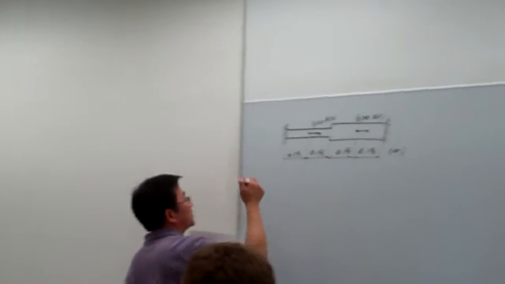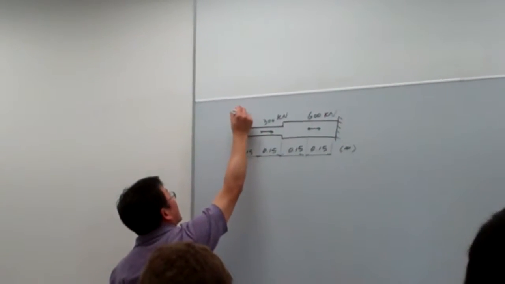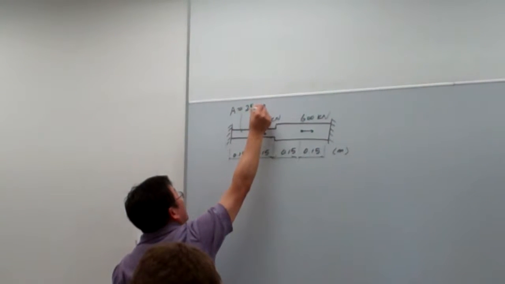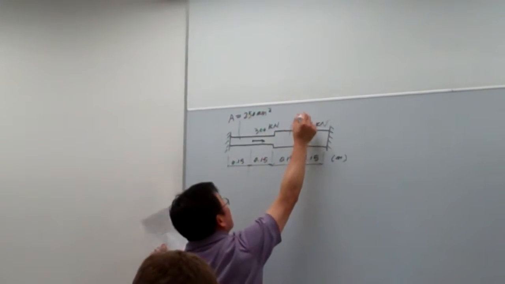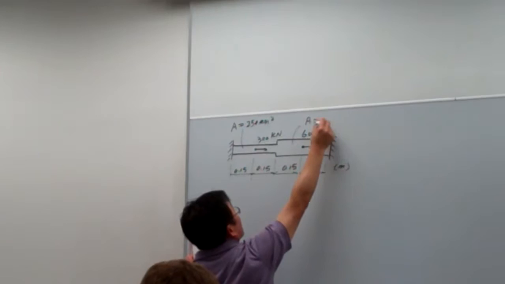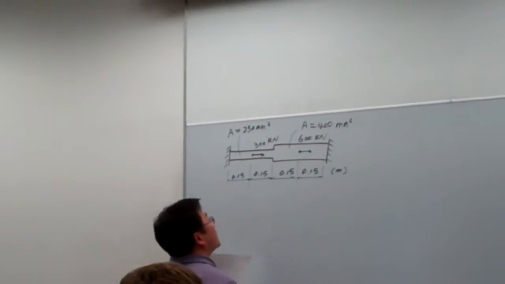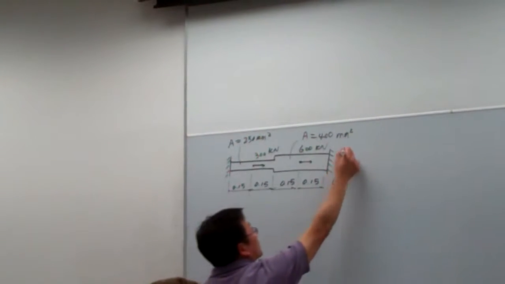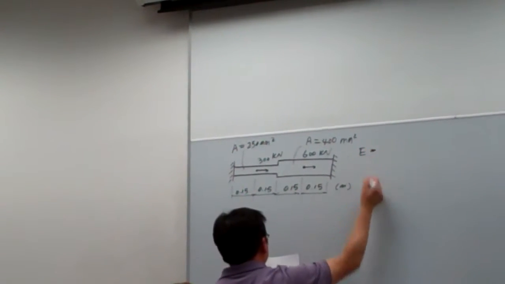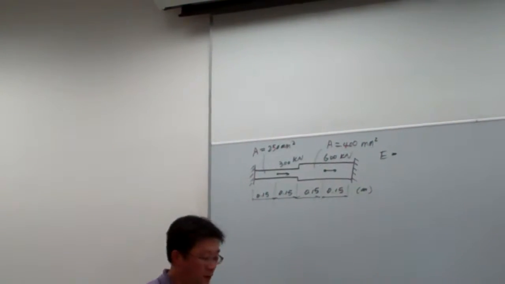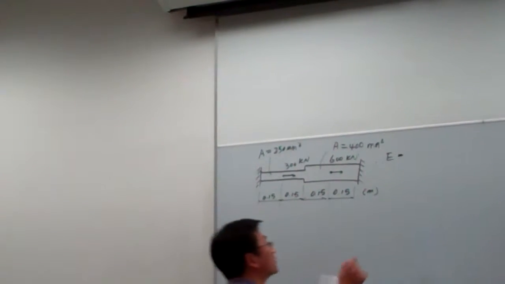We have the cross-sectional area for the first one, A equal to 250 millimeter square. For this one, A equal to 400 millimeter square. And for this case, E is 200 GPa. 200 GPa.